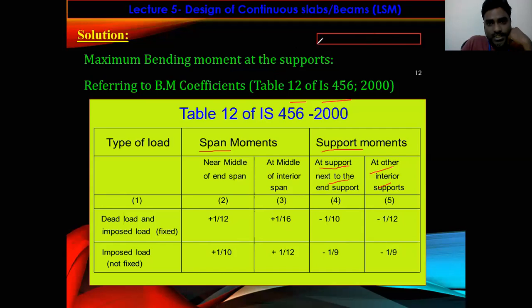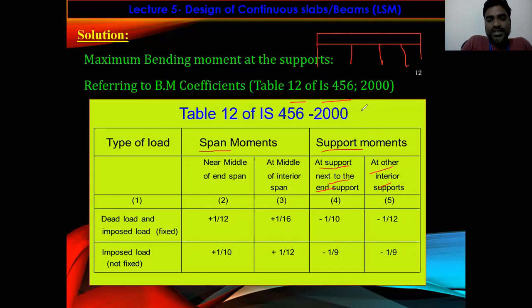So let us say this is a beam and this is my first support, second, third, fourth, fifth. He is asking to determine the maximum support moment. In support moments, there are two: one at the support next to the end support and one at other interior supports.